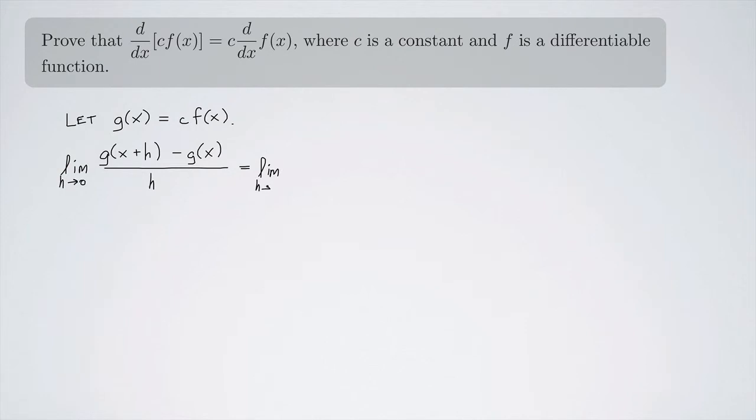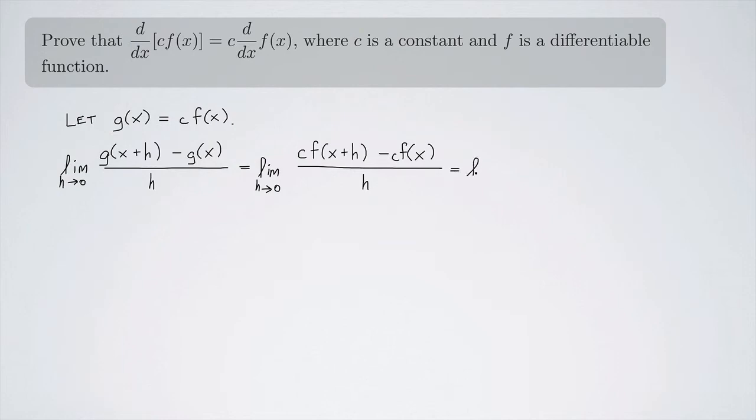Let's plug in now for the constant times f(x). I'm still going to have the limit as h approaches 0 of g(x+h), which is now going to be a constant times f(x+h), because that's how g is defined, minus the constant times f(x), because that's what g(x) is, all over h.